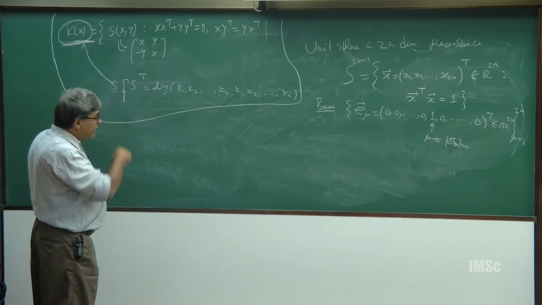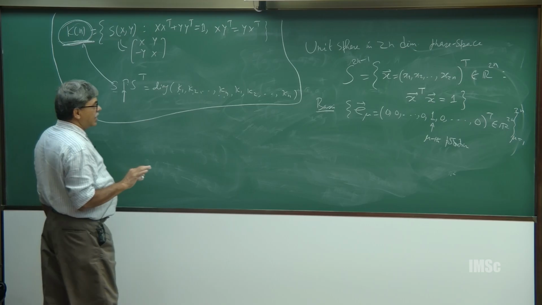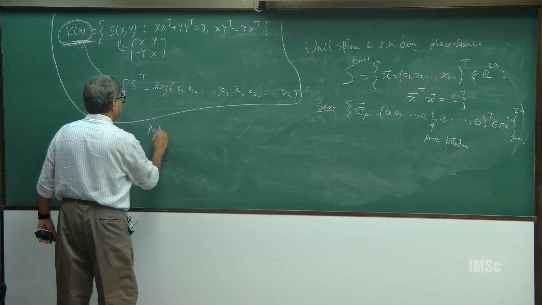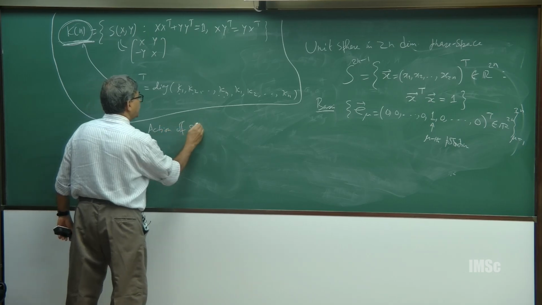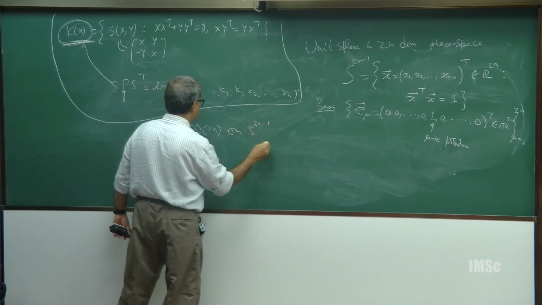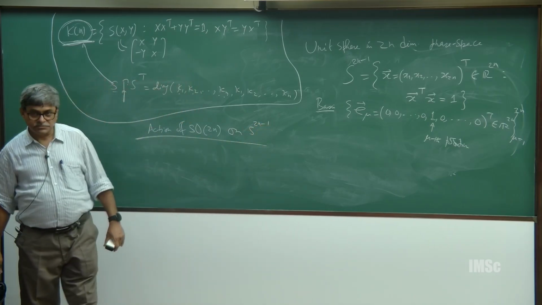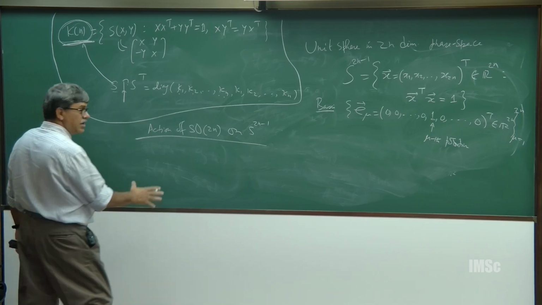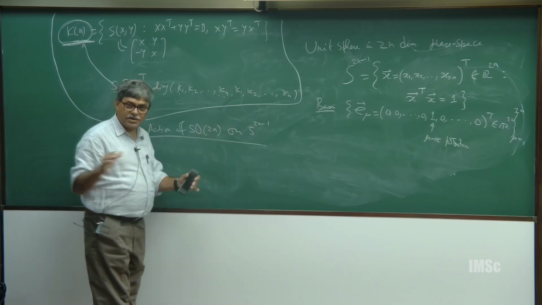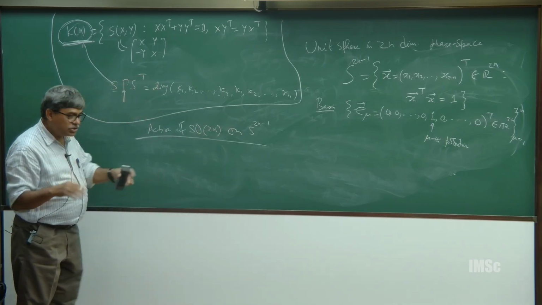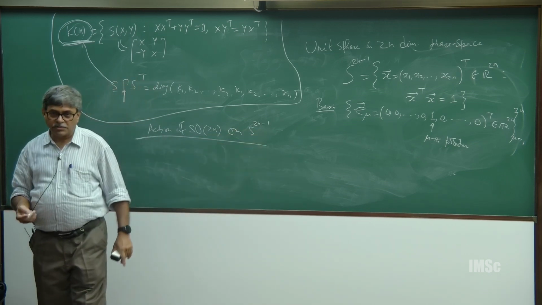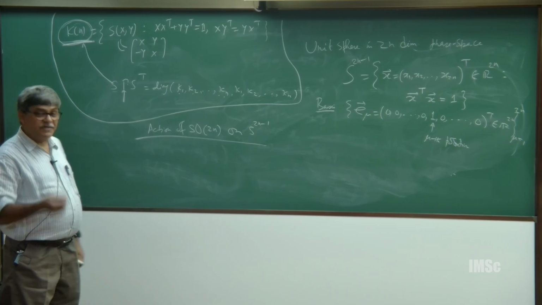So, what I want is the action of SO(2n) on S^(2n-1). How does it work? I choose any element from this and I apply it here. It takes a point of this to another point of this, and vice versa.